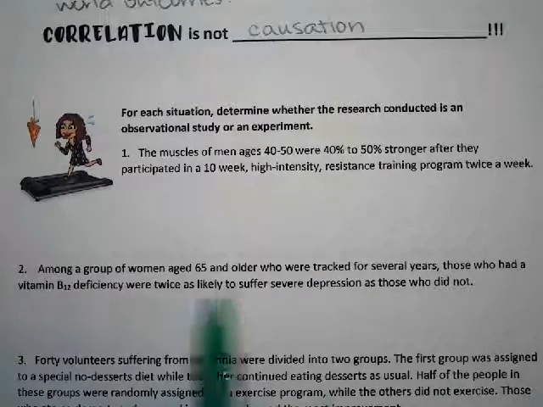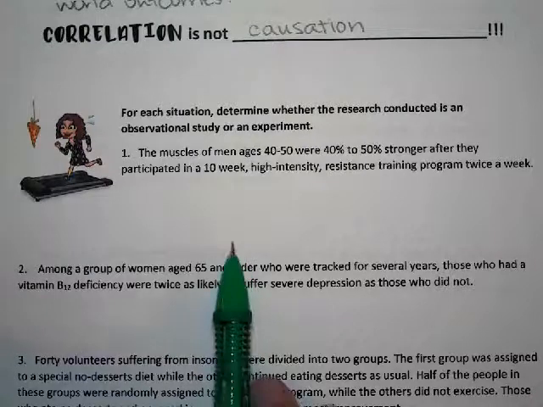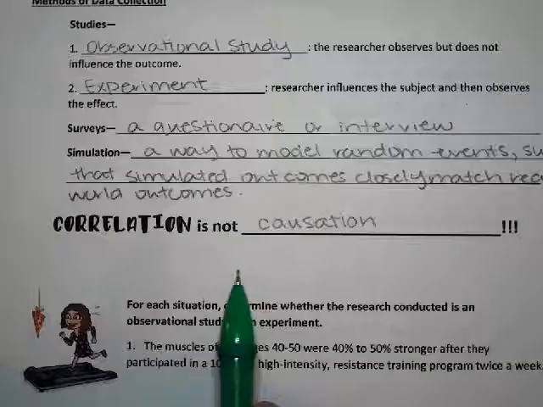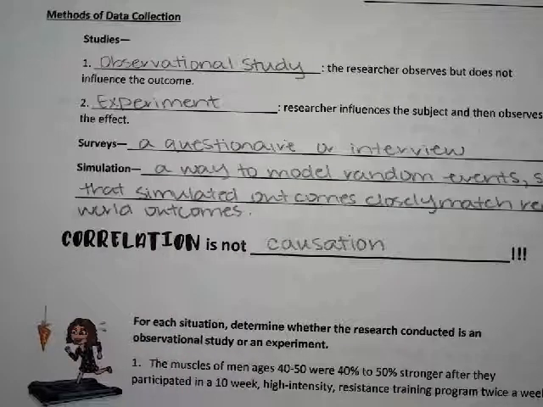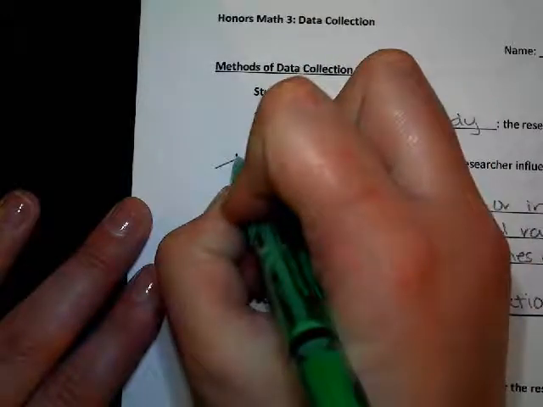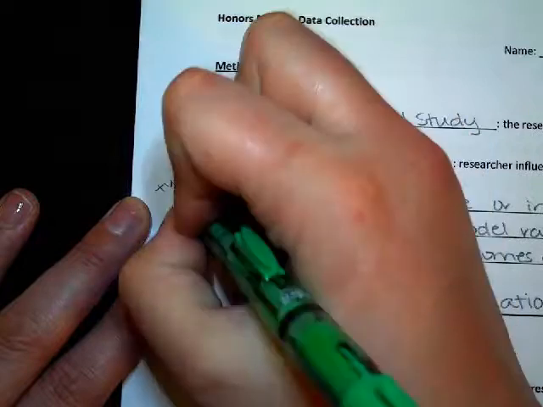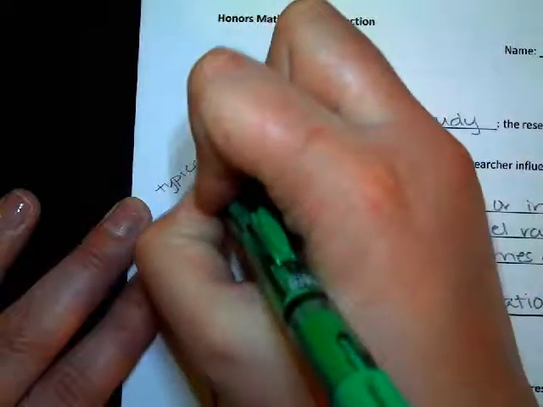It doesn't say anything. Remember, you might think of this from a science class, typically an experiment is going to have a control group. So that might be something that you write here typically: control versus test group.